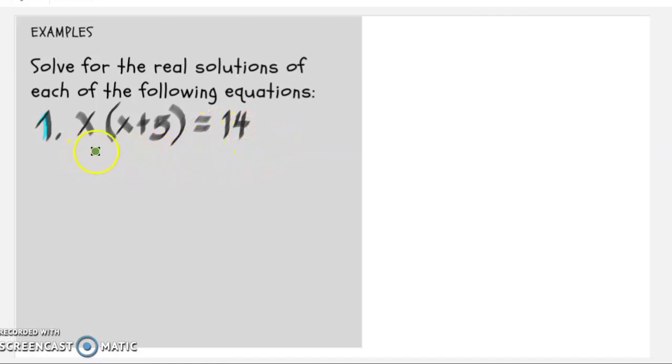All you have to do is to distribute the x first, and then rewrite into standard form. So, again, we have x times x is x squared. x times 5 is 5x. Then, we just copy 14. Then, we need to rewrite this in standard form.